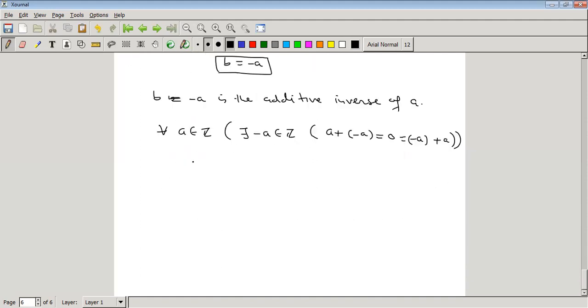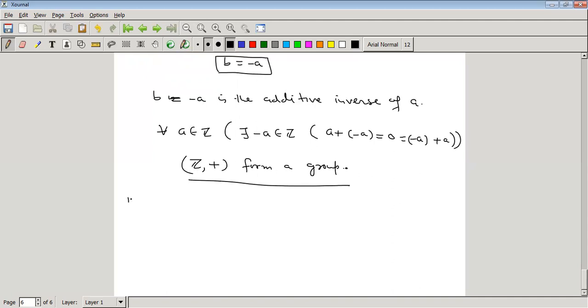So now we can prove that Z under the binary operation addition forms a group. So this is the first example. We have proved that Z with the binary operation addition forms a group.